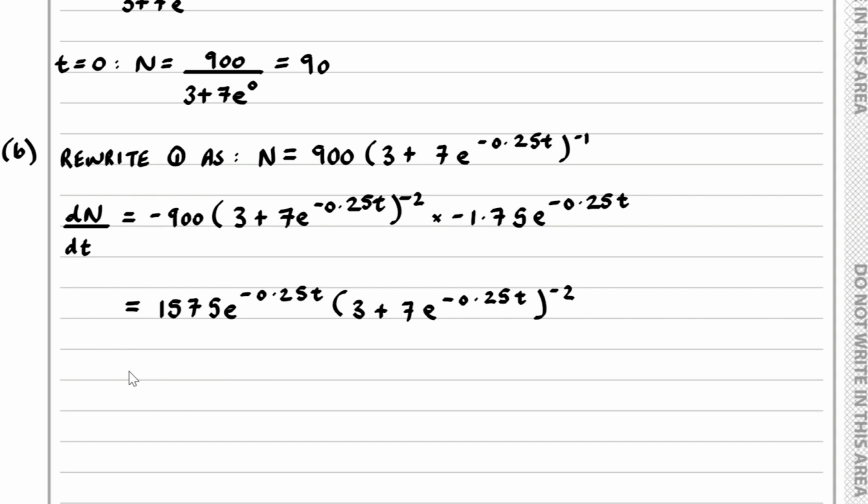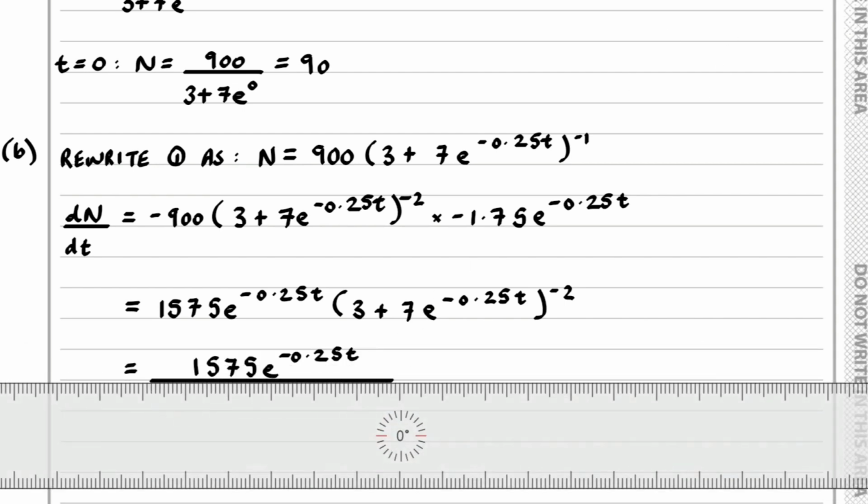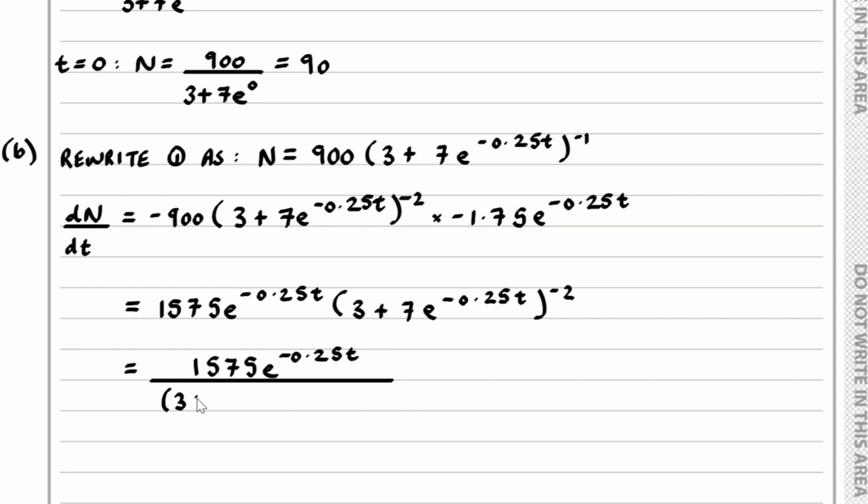And I'm going to rewrite this as 1575 e to the minus 0.25t divided by (3 plus 7e to the minus 0.25t) squared. So let's call this equation 2.